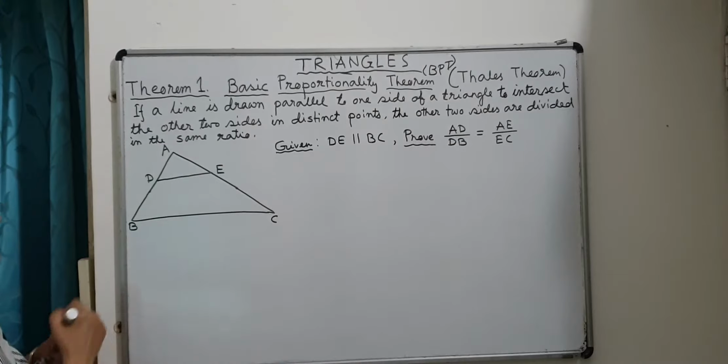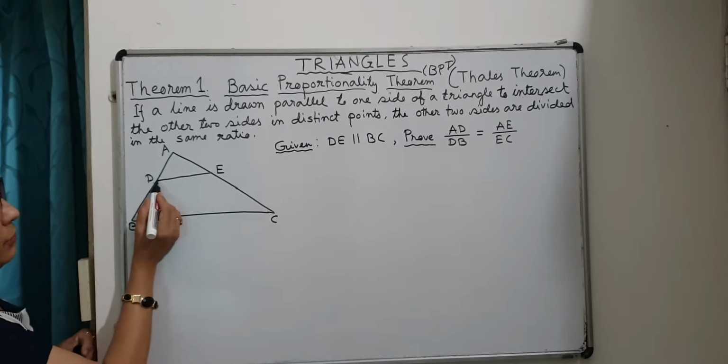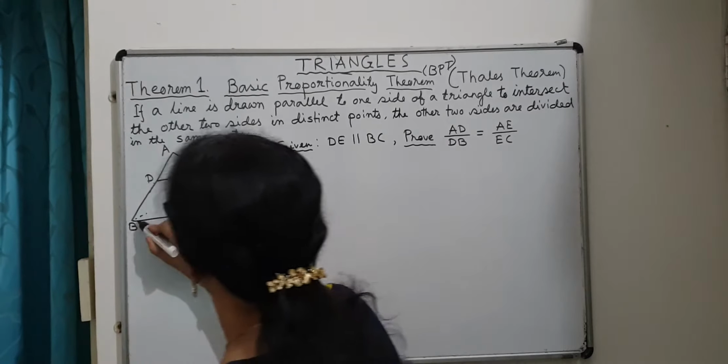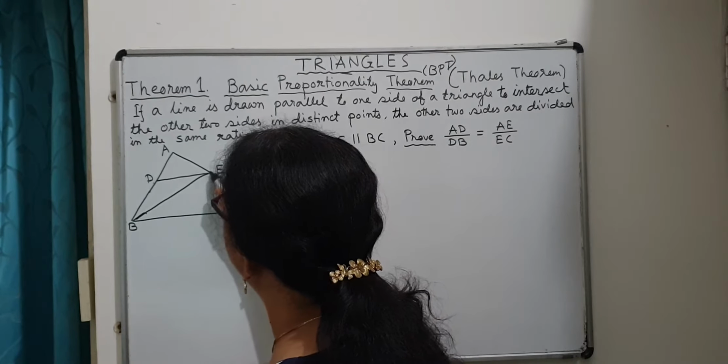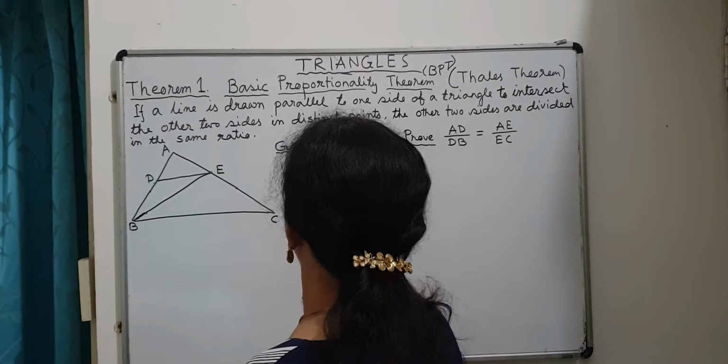If I take the base to be AD, then this is the triangle ADE. And to make a triangle with base DB, I am joining this. So this will be my construction. I have to write in construction, join BE.